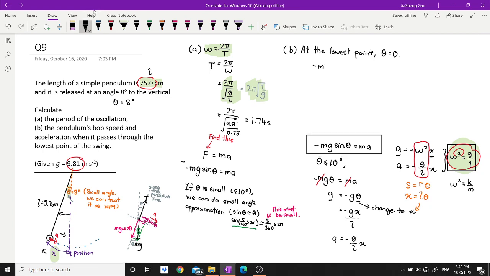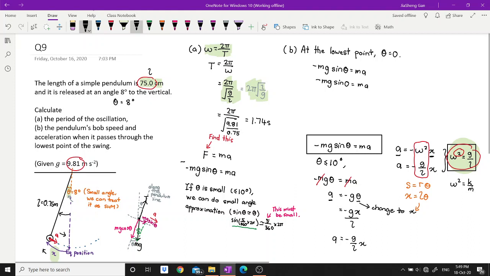Negative mg sine theta is equal to ma. Now at the lowest point, theta is 0, so negative mg sine 0 is ma.